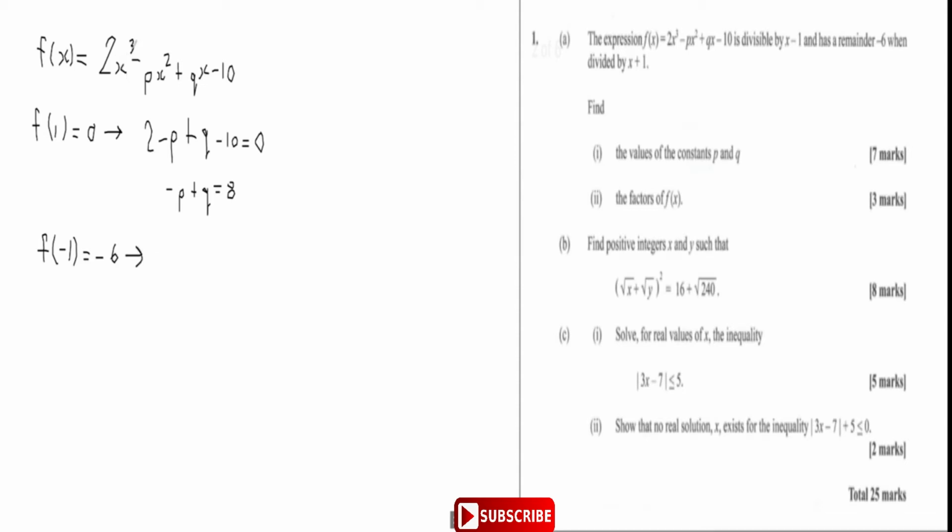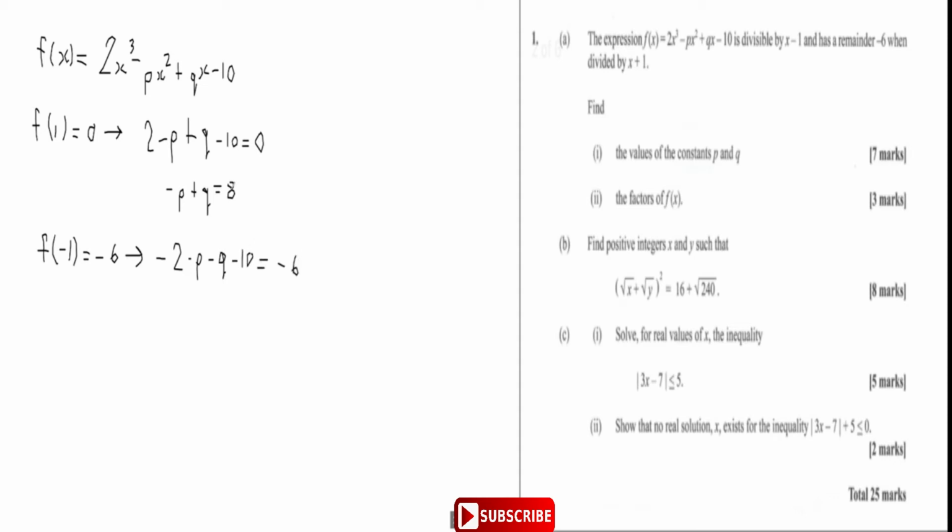Minus 1 cubed is minus 1 times 2, which is minus 2. Minus 1 squared is 1, and 1 times minus p is minus p. Then minus 1 times q is minus q, minus 10, and that's equal to negative 6.